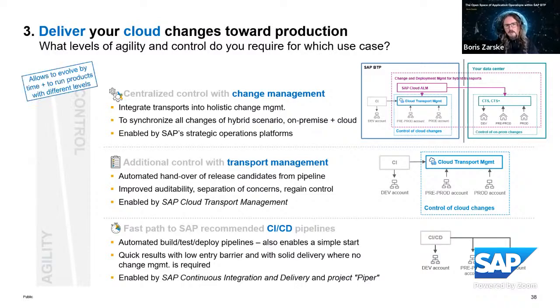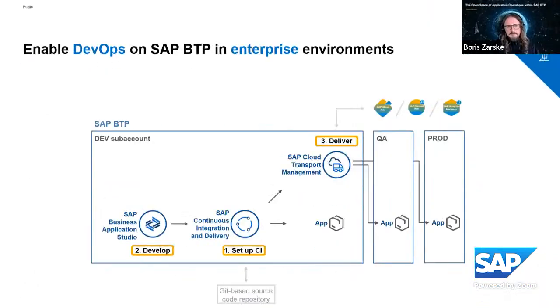And of course, you can also have a stepwise approach, meaning you start simple and evolve over time if stricter boundary conditions come up. Or you can have different use cases where you say, for certain cloud-native scenarios, I use direct deployment from the pipeline. For my business-critical applications, I need change management for auditing reasons. And then you have that model for those changes. That's all possible inside the different approaches.